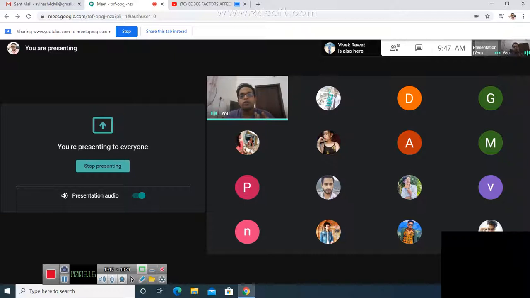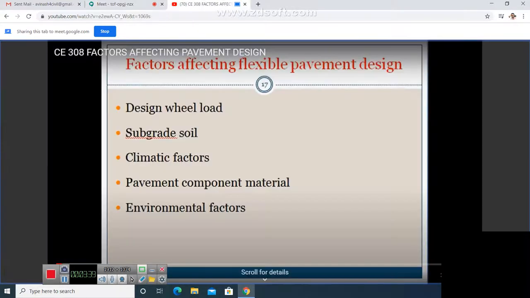Small potholes will be formed on the surface of the road. This pothole formation immediately after rains is due to poor climatic considerations made while the road is being designed. When the road is being designed, it is mandatory that good consideration should be given to the climatic condition. So that is the third factor.